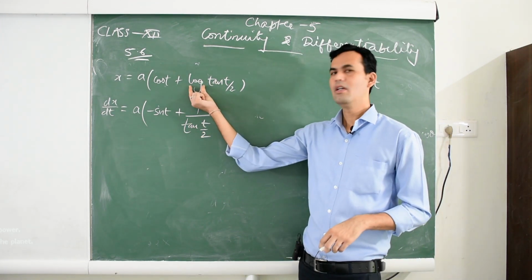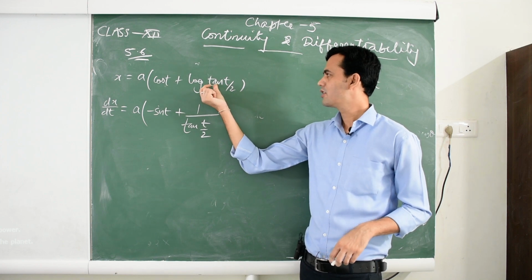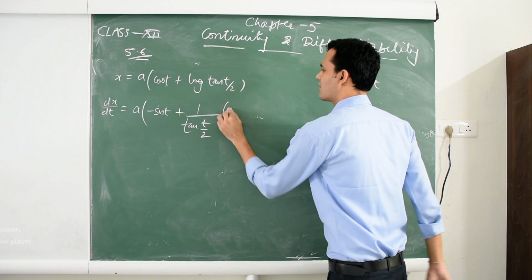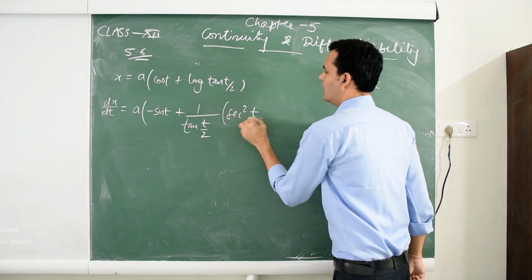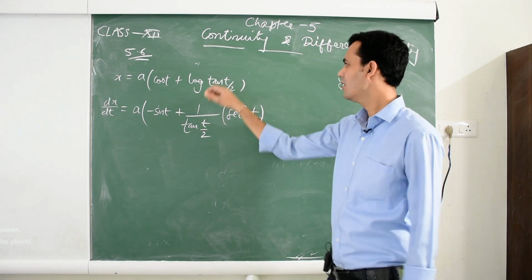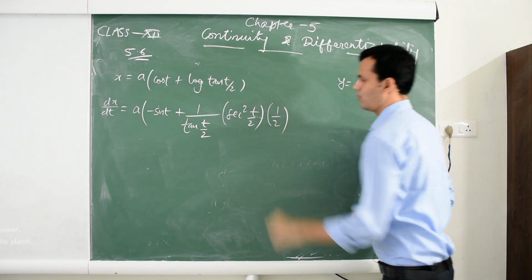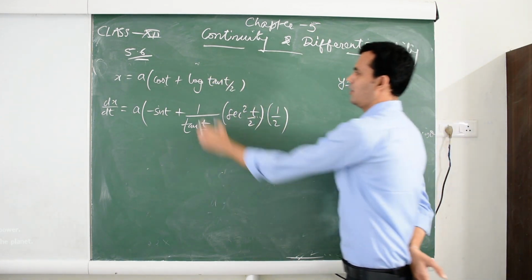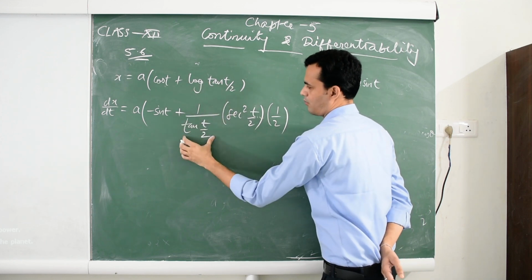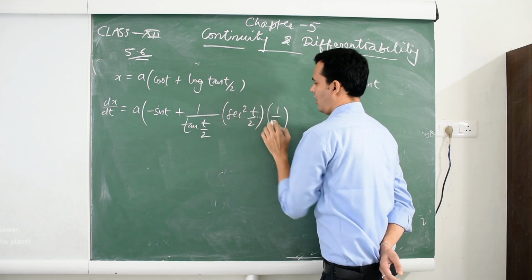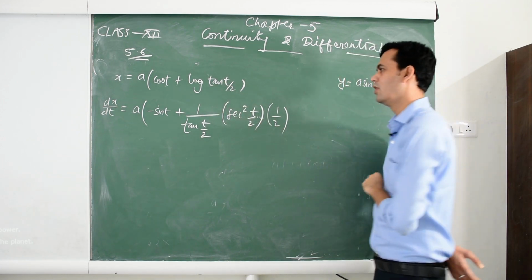After this log, then we take differentiation of tan x, differentiation of tan x is sec square x. So sec square t by 2, and then differentiation of this t by 2 is 1 by 2. Okay. First we differentiate log x as 1 upon x, then tan x as sec square x, and then x, so 1 by 2.